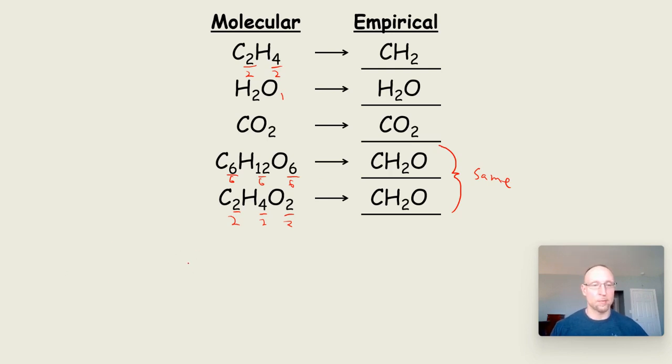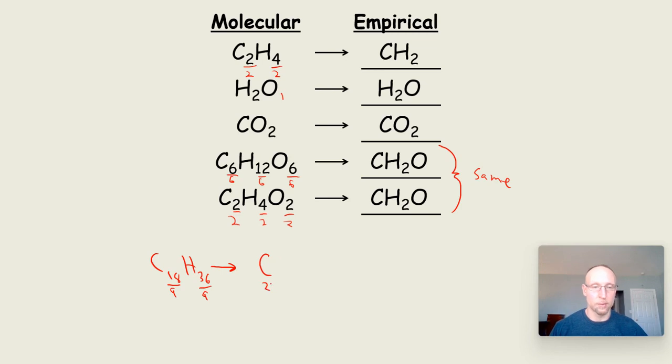Now, say you get something like C18H36, and you say, okay, these are both divisible by 9. That would be my greatest common denominator. All right, great. Well, in fact, it's not the greatest common denominator. It would be 18. But say you screwed up like this, then you're going to get 18 divided by 9 is 2, right?